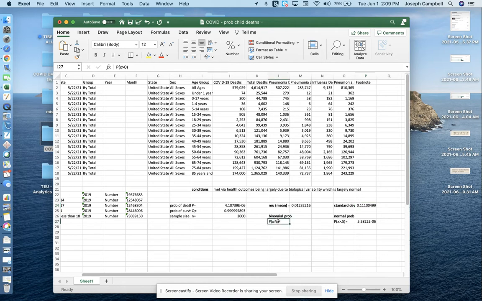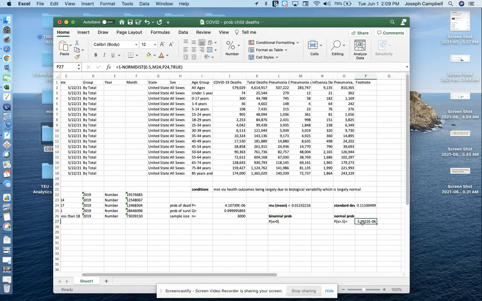The binomial probability statement would be the probability that x is greater than 0. Because we're doing a correction for continuity here, we're going to call that greater than 0.5. So we include the 1 and we don't include the 0.